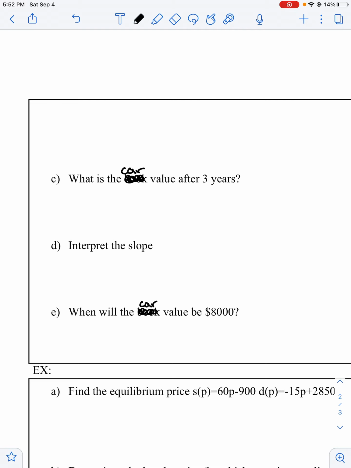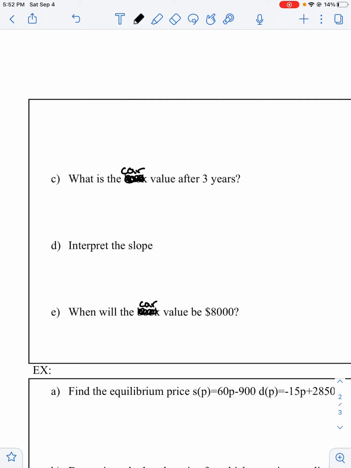Part C, what is the car value after 3 years? So our x value is our years. After years is what counts for how much the car is going to cost. And so the cost of the car can change, and that's why it's the y value. But years, you can't really change years, they just happen in order.